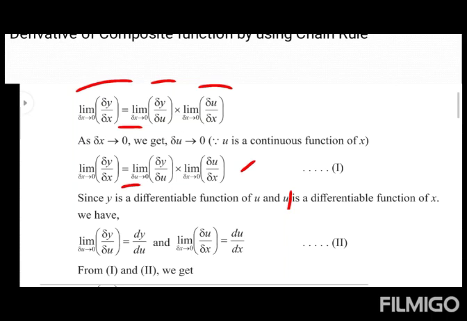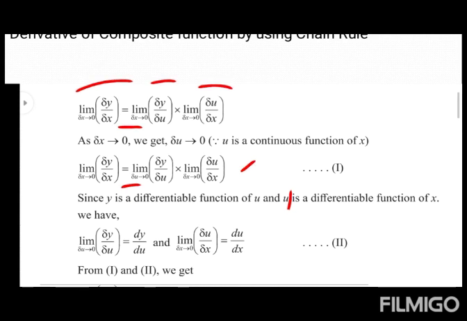What I told in the previous slide is that if any function is differentiable with respect to any variable, then the value we can replace by dy by dx or dy by du. Here the base variable is u, so the value will be replaced by dy by du. Same case here also: u is a differentiable function of x, therefore the value will be replaced by du by dx.